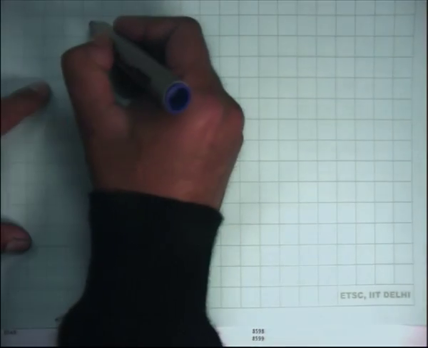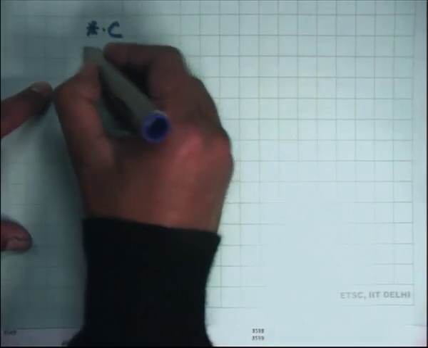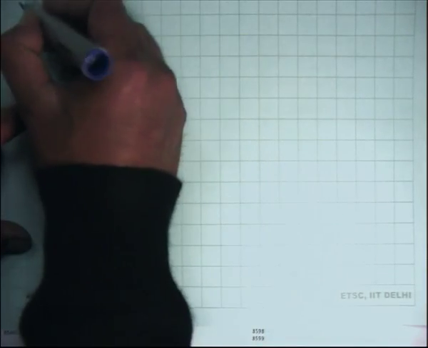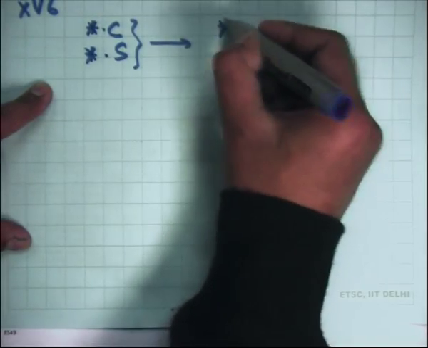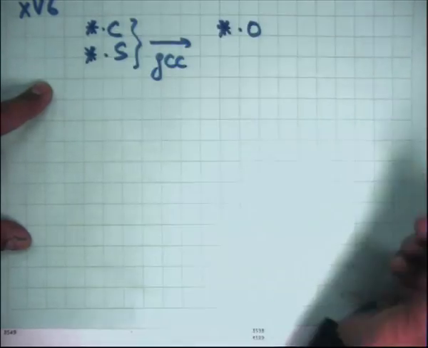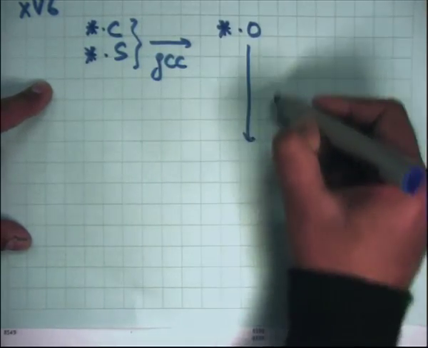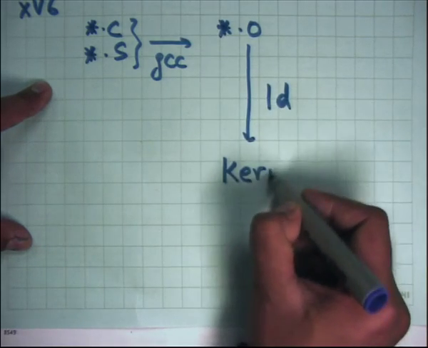What happened was you had some .c files and .s files in your xv6. You converted them to .o files, let's say through GCC, and then you linked all these .o files and got some image which is called the kernel.